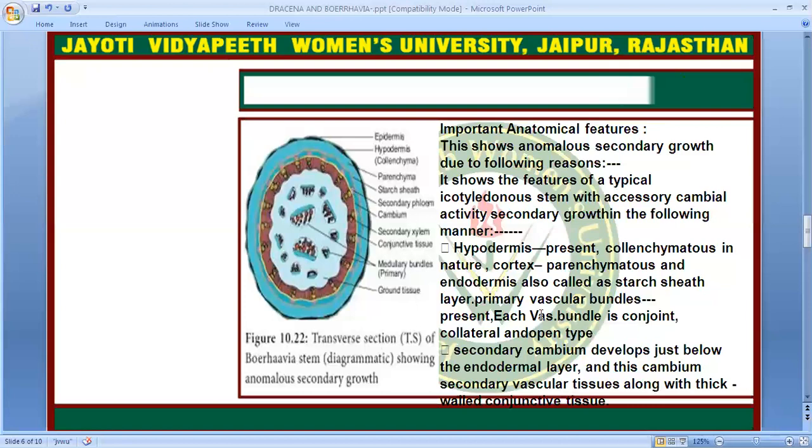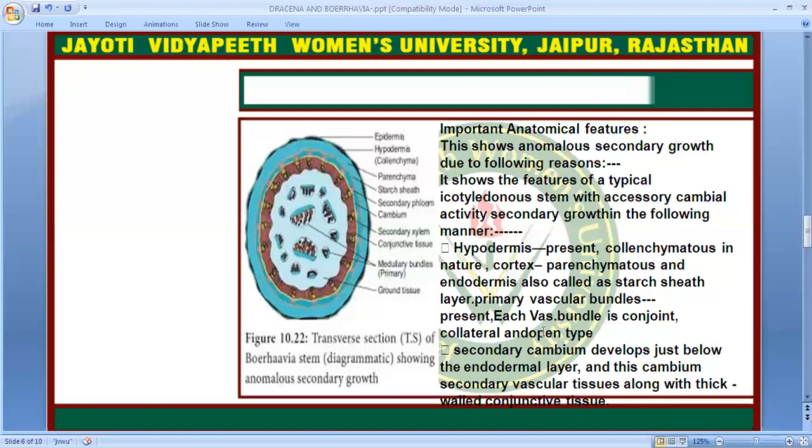The endodermis is also called as starch sheath and primary vascular bundles are present. So you can see this is the starch sheath and the primary vascular bundles are normally present. Each vascular bundle is conjoint, collateral and open type. That means cambium is present in the primary vascular bundle.